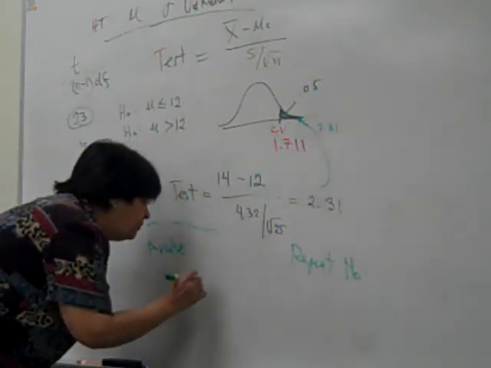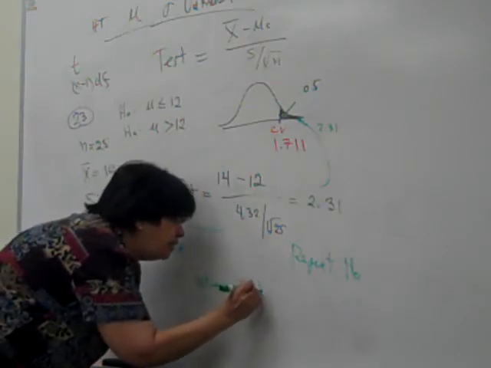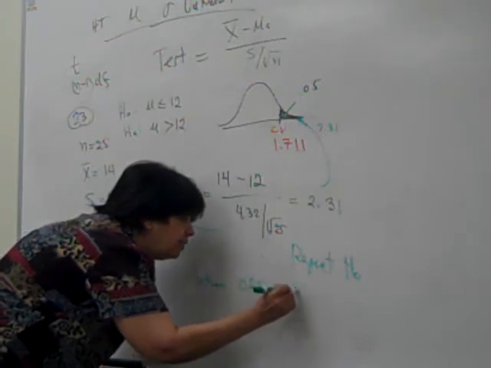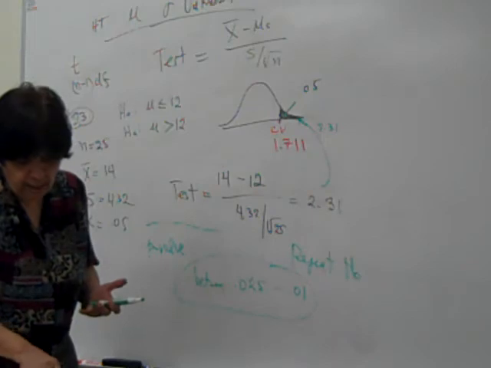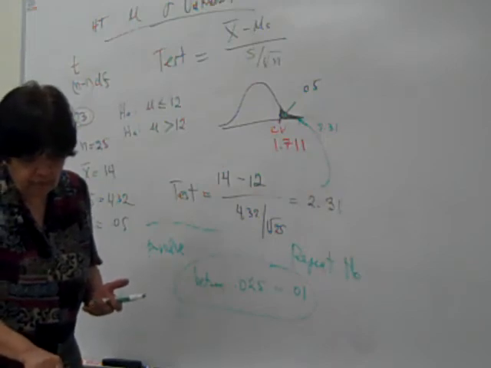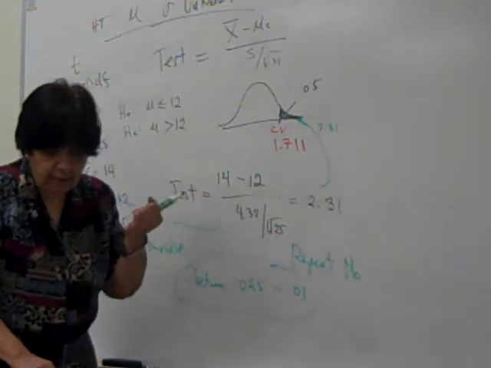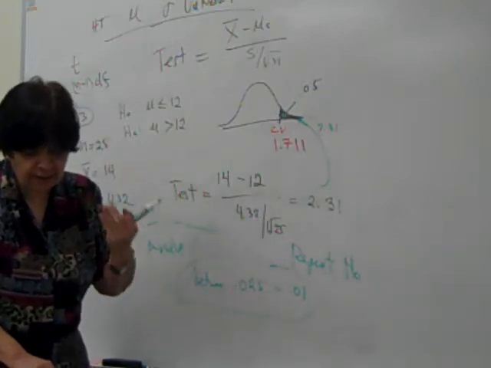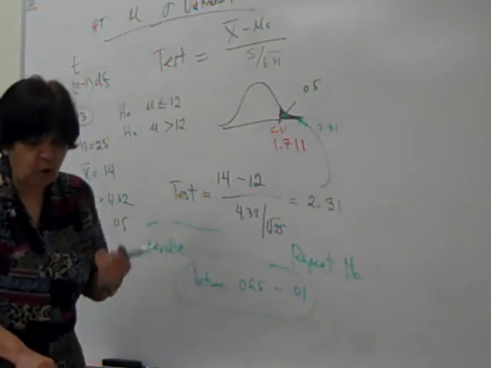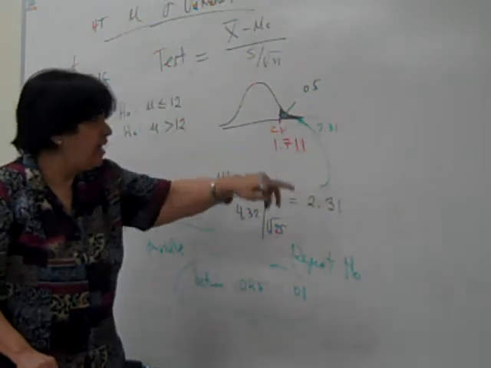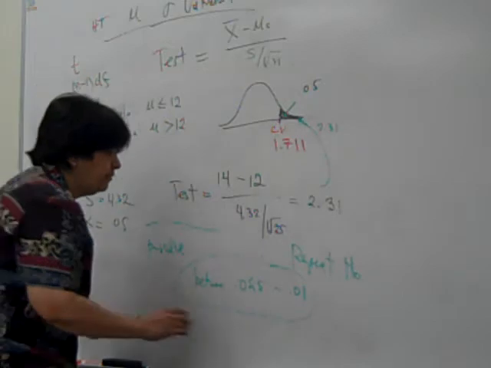So you know that the p-value is between 0.025 and 0.01. That's the only thing that you may see in your tables, because the 2.31 is between the 2.06 and the 2.49. So it's between these two values. So the area is between 0.025 and 0.01, or vice versa.